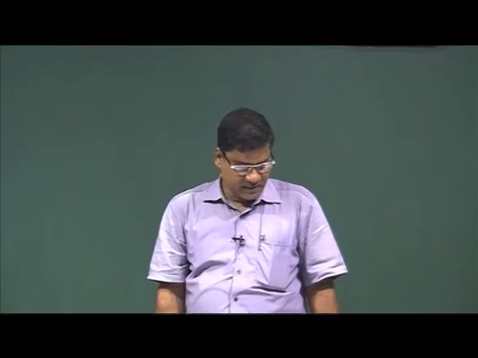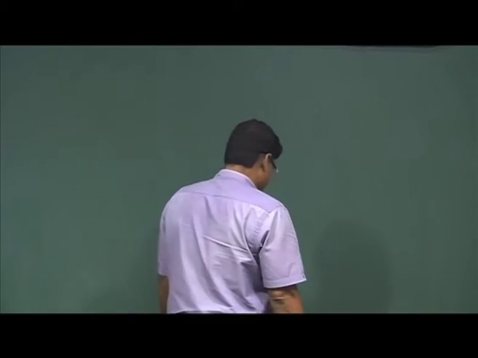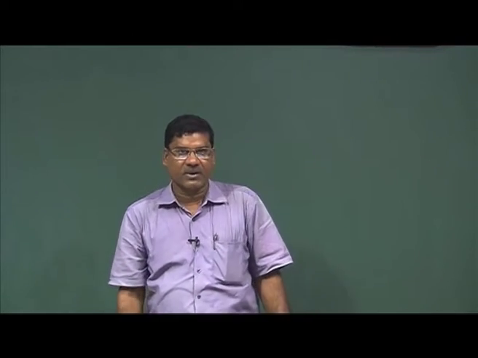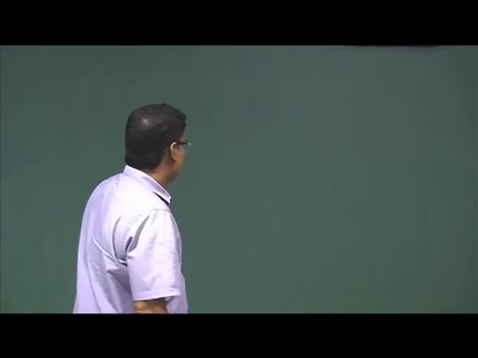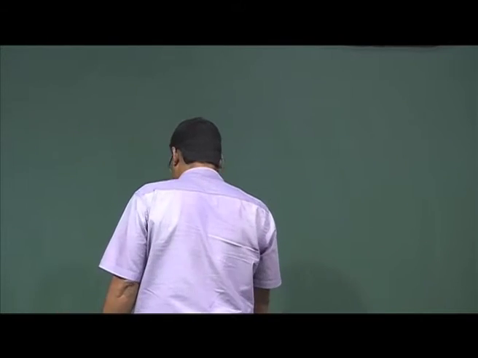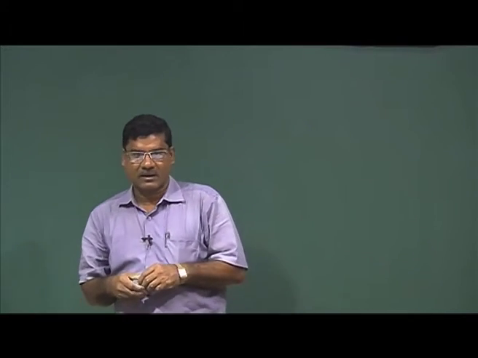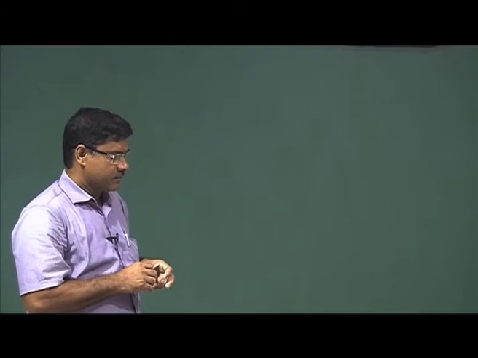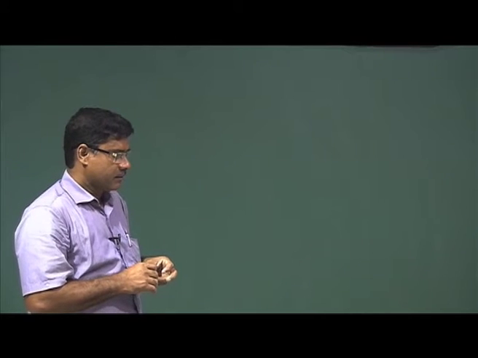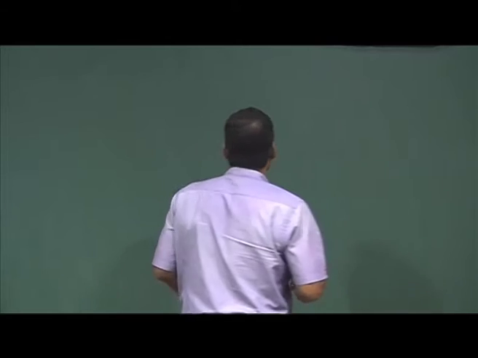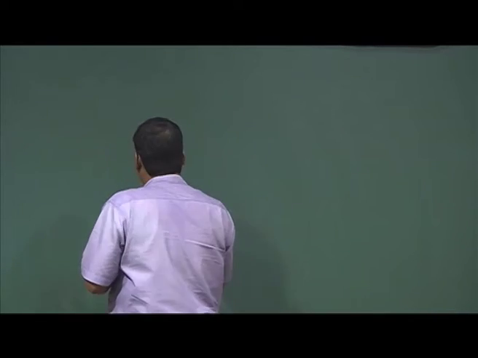So, we are discussing crystal symmetry. I took the example of a cubic crystal, and for that I was explaining the symmetry elements, and showing those elements in the case of the cubic crystal.